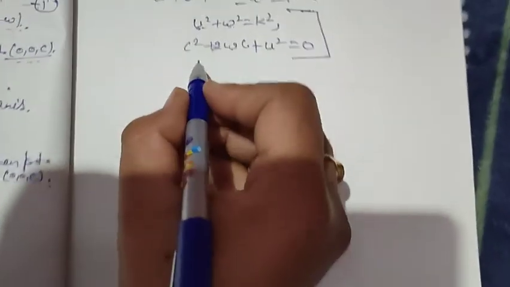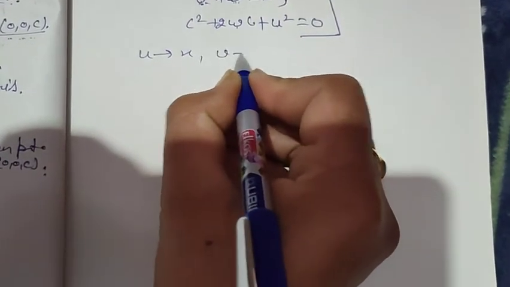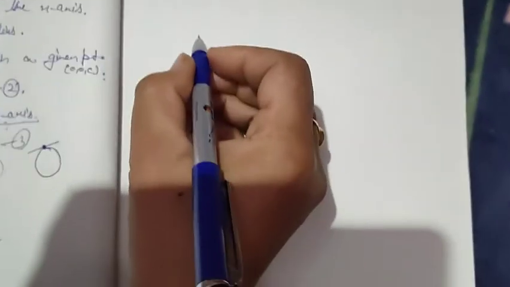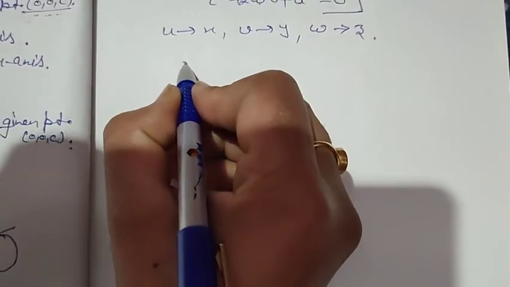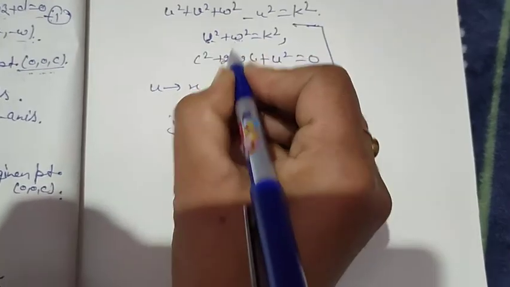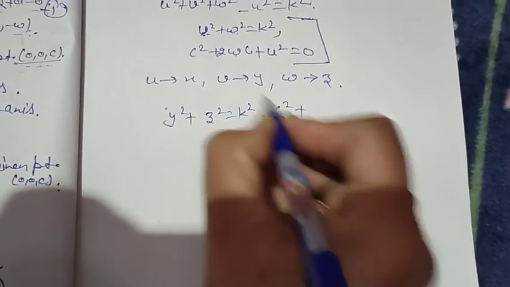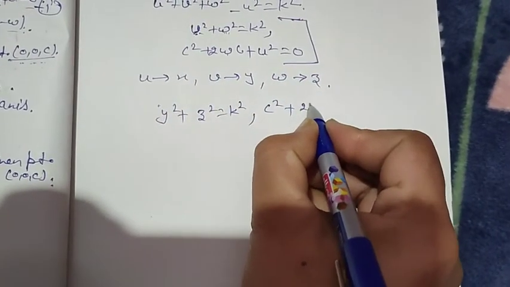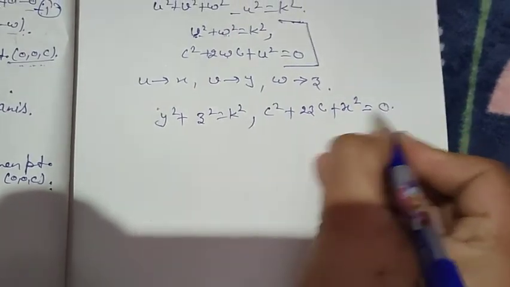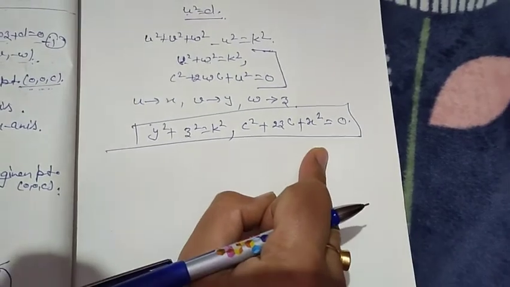Now u becomes x, v becomes y, w becomes z. So the locus of the center of the sphere is y square plus z square is equal to k square, and c square plus 2zc plus x square is equal to 0. Both equations represent the locus of the center of the sphere.